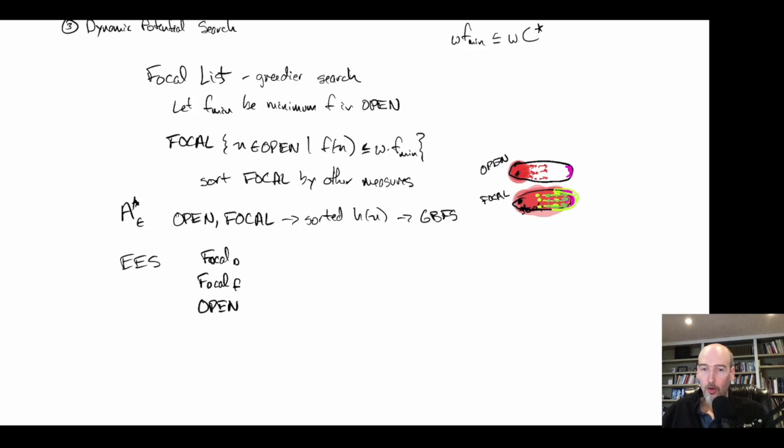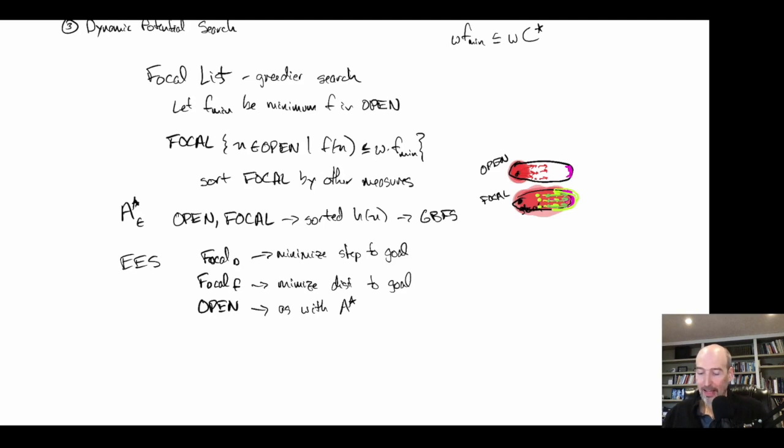Okay. So focal D is basically going to try and minimize the number of steps to get to the goal. Focal F is going to try and minimize the distance to the goal. And then open is just a regular open list.